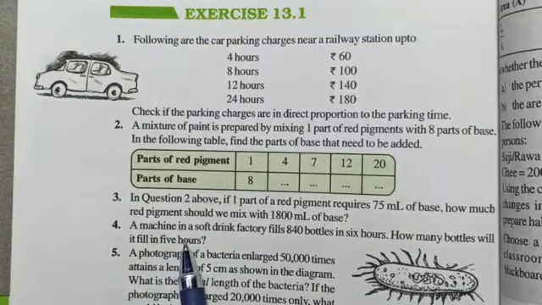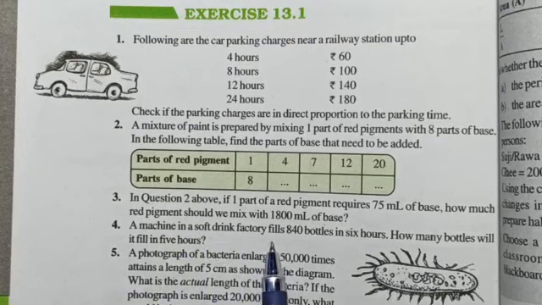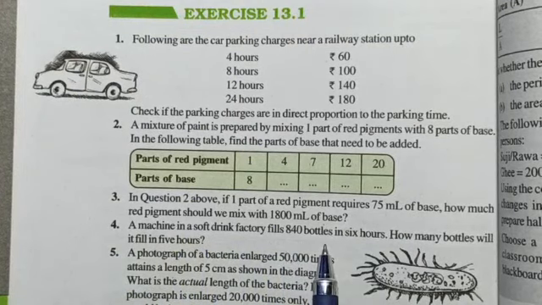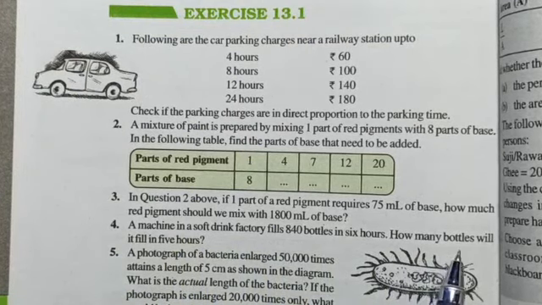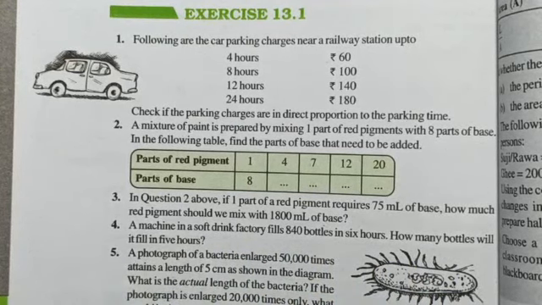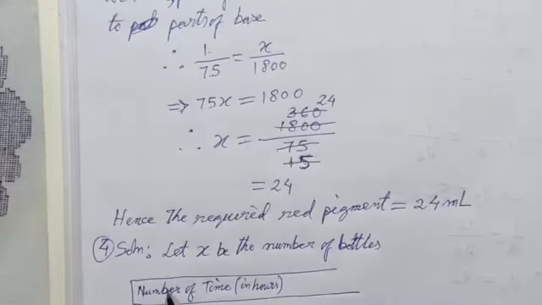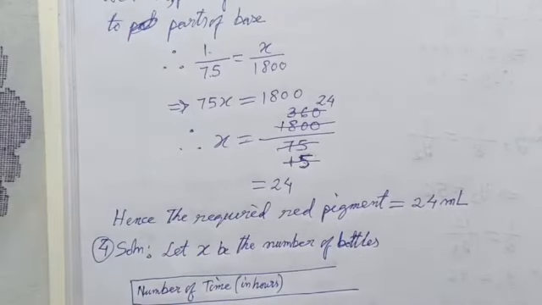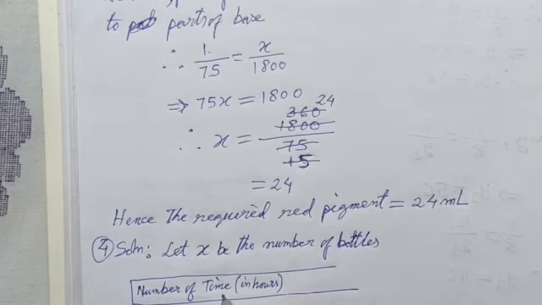A machine in a soft drink factory fills 840 bottles in 6 hours. How many bottles will it fill in 5 hours? Okay, now let's try this question. Let X be the number of bottles, then let's make a table: time in hours and number of bottles.